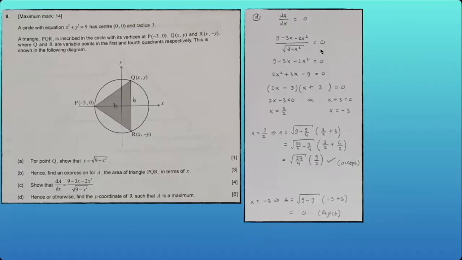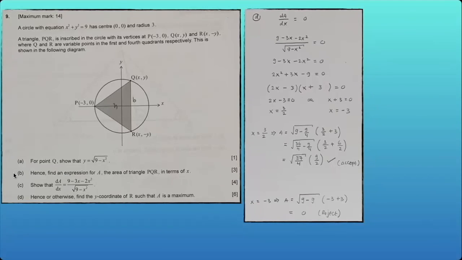We can multiply both sides by square root of 9 minus x squared to get this expression. And then we can factorize to get these values of x.